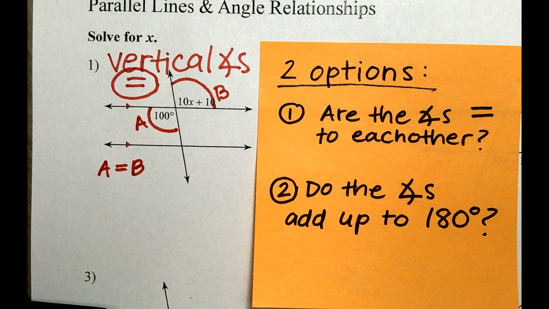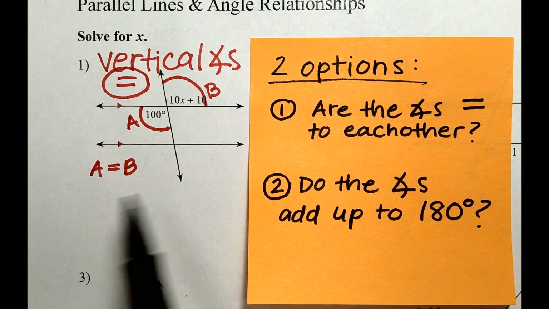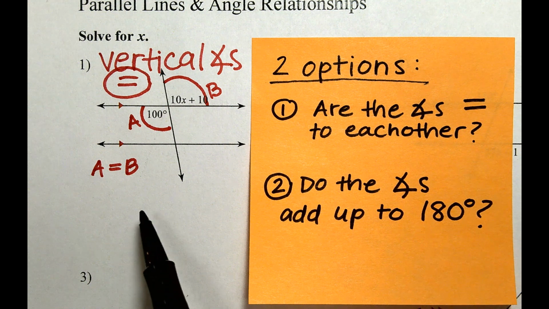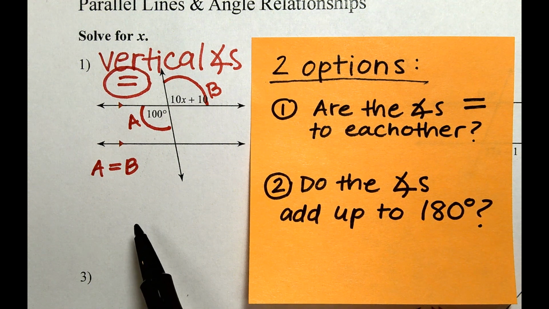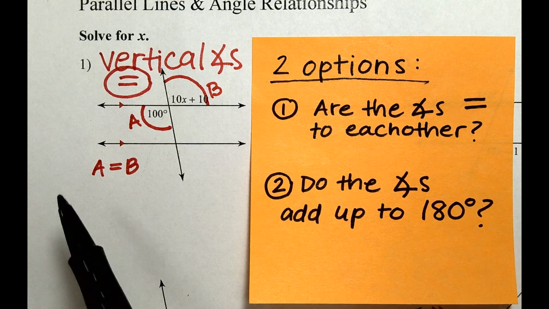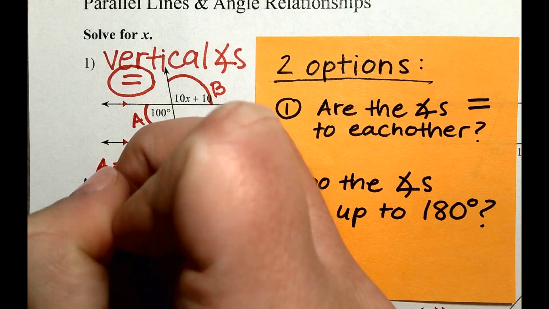What equation could I write using the values given to me? What are we thinking? You do 100? Yes, A is 100.